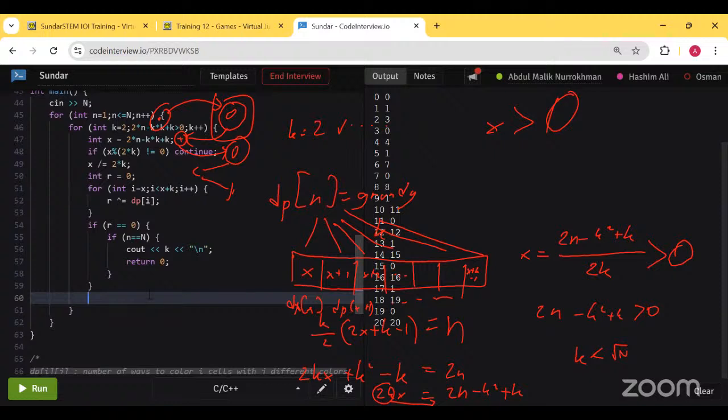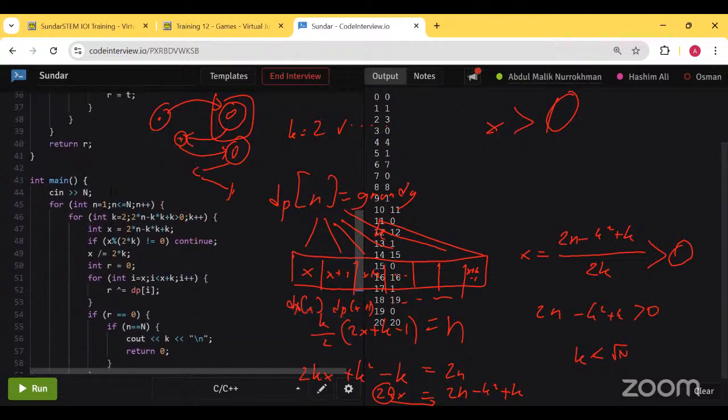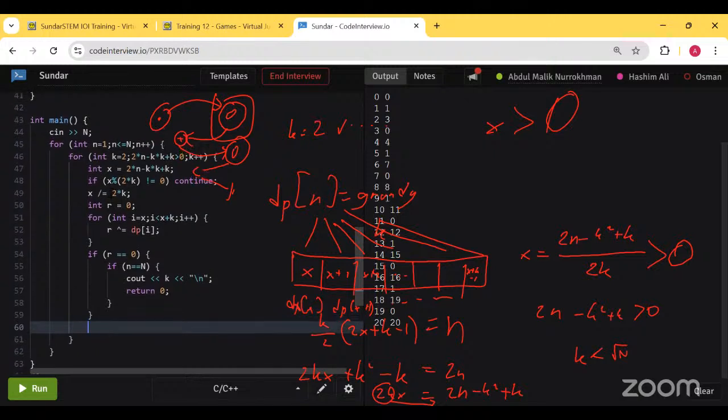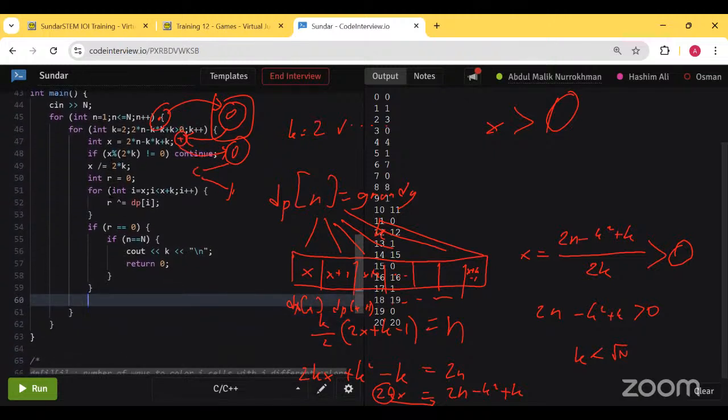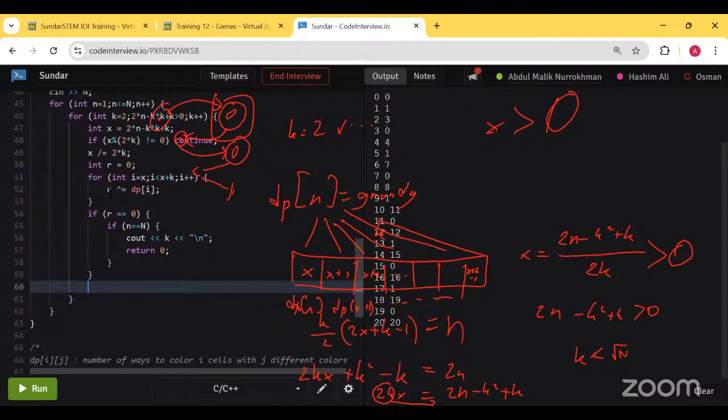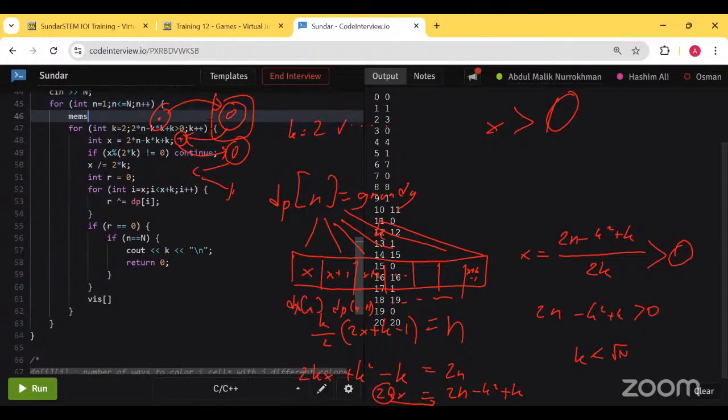All right. So how to find the mex? We can just use an array of Boolean. Yes, just make an array of Boolean, for example visited. And we have to memset the visited array.